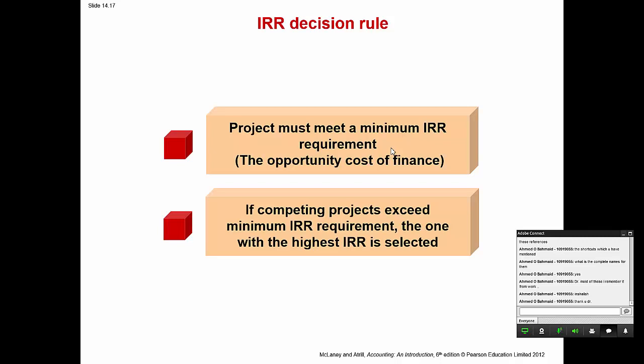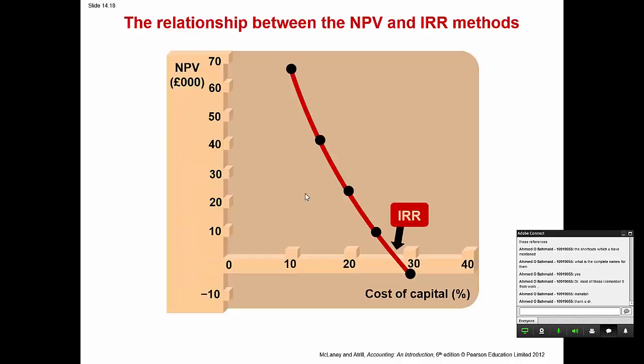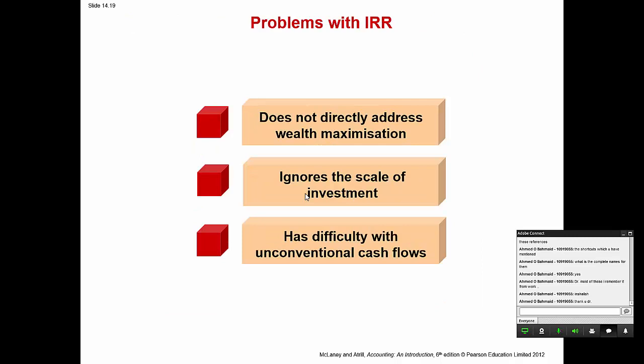If it is higher than the required IRR, then it will be okay. If we have two projects, then the highest IRR will be selected. The project that has the highest IRR is the better project. Okay, these are the decision rules, the methods related to investment decisions.